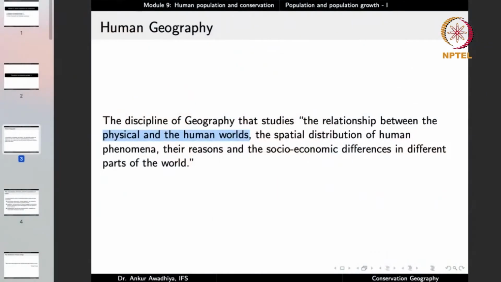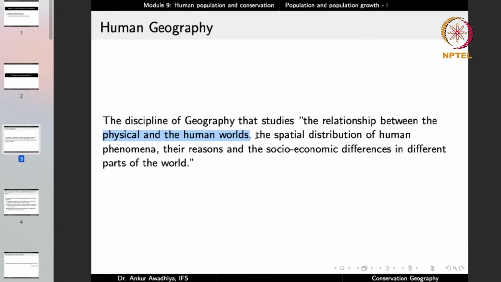So the humans also have a big amount of impact on the physical world. And human geography tries to understand what this relationship between the physical world and the human world is. How are both of them related? How are both of them impacting each other?